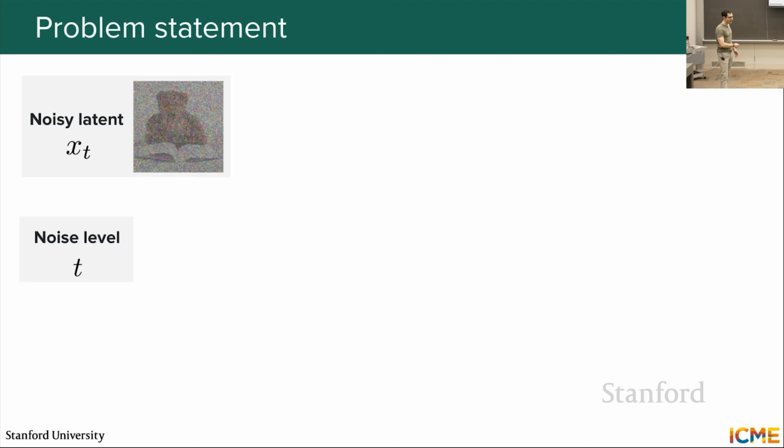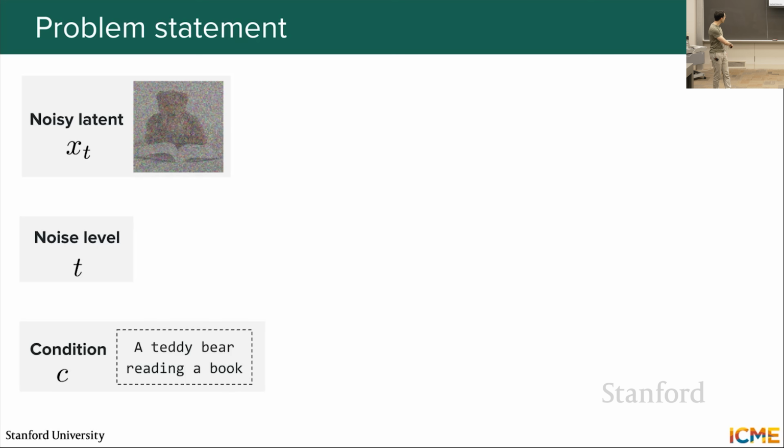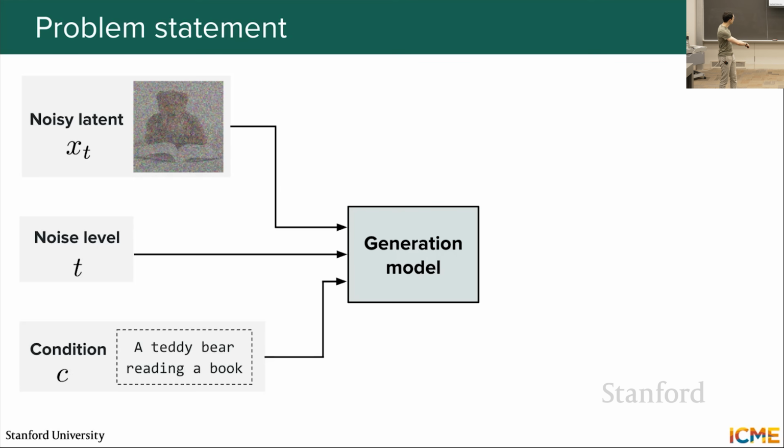You also had some indication of the noise level that's given by timestep T. And you also have a condition, let's call it C, which can be a text prompt. For instance, if you want to generate an image of a teddy bear reading a book, that can be your condition. So these three elements are your inputs that go through your generation model.